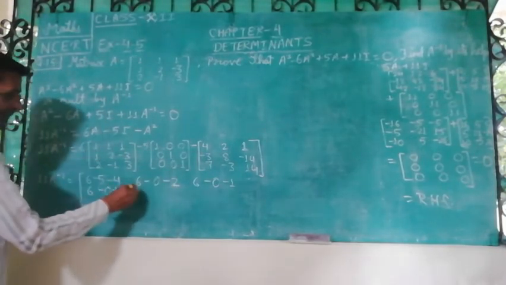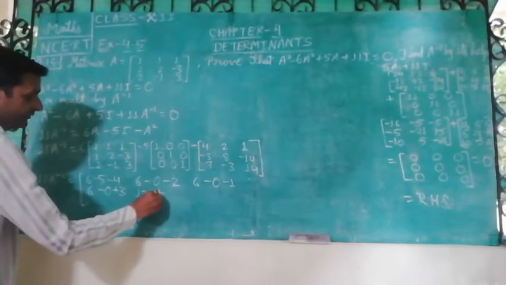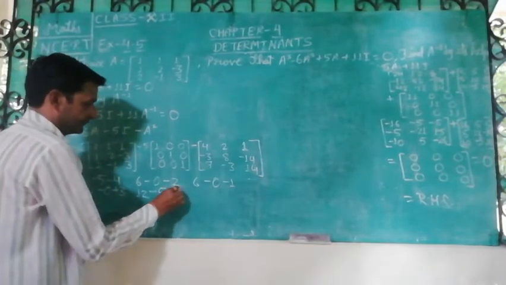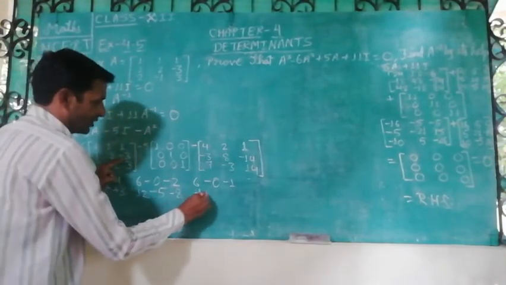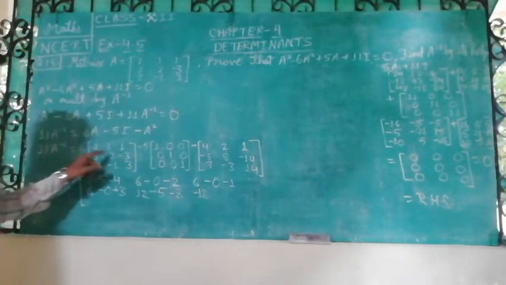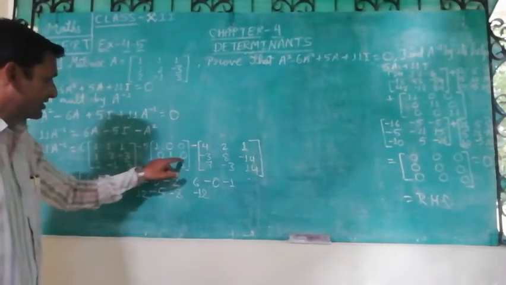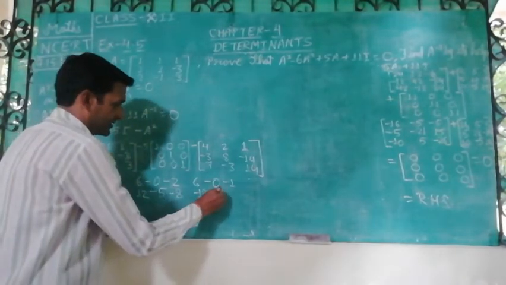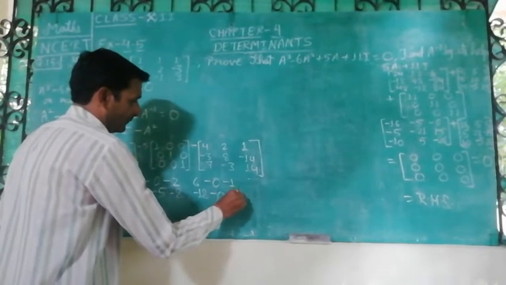Now 6 twos are 12, minus 5, minus 8. Now this element, minus 18, because 6 threes are 18. See, 6 into minus 3, minus 18, minus 0, because this is the third element of the second row, minus 0, minus minus plus 14.